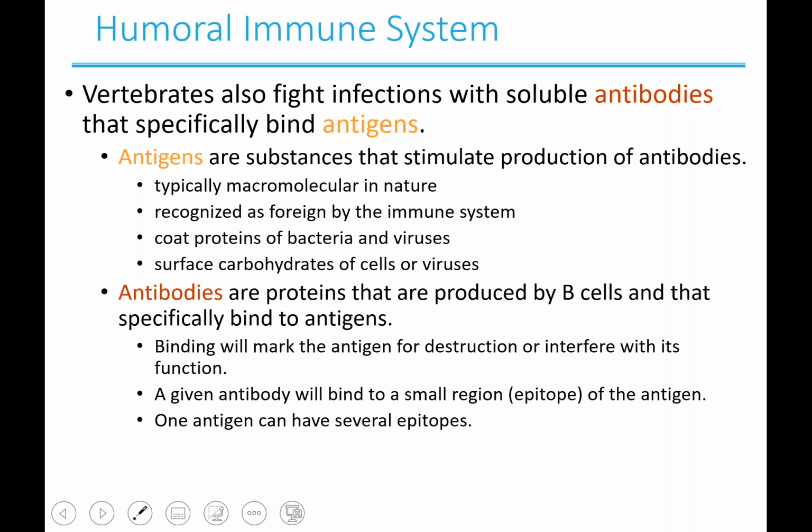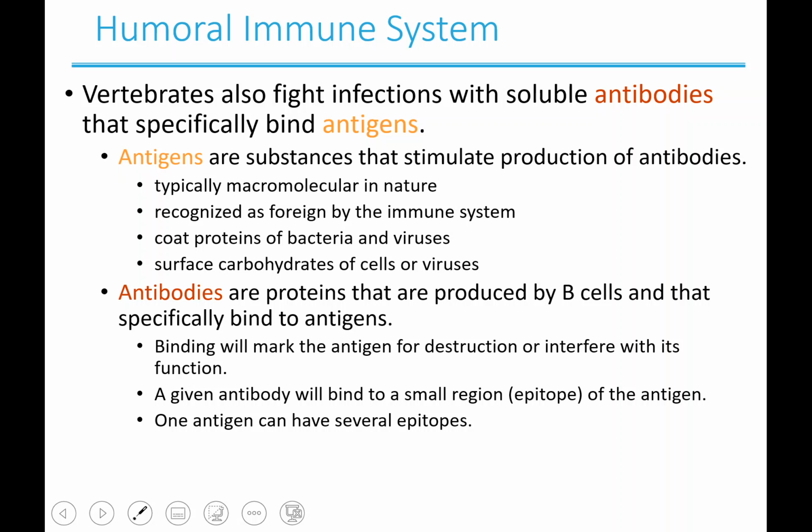A given antibody will bind to a small region of the antigen, and that region that the antibody recognizes we call an epitope. One antigen can have several epitopes.